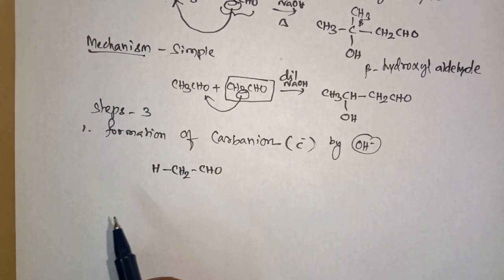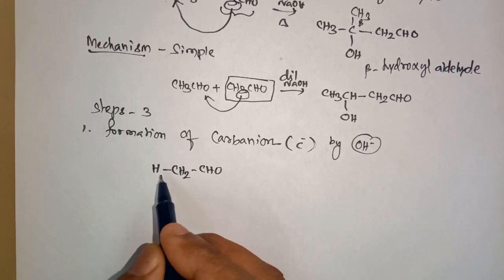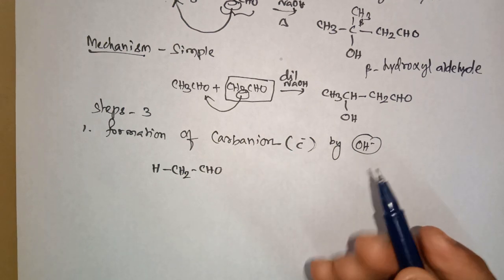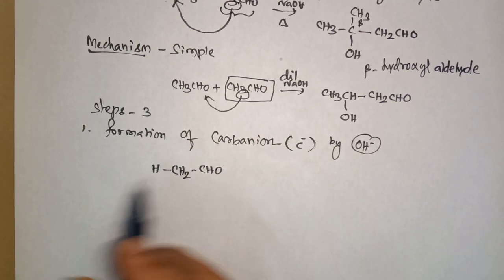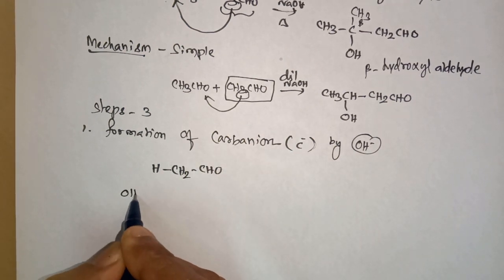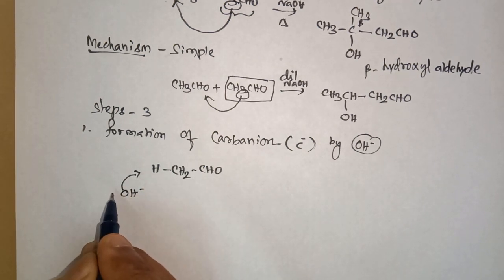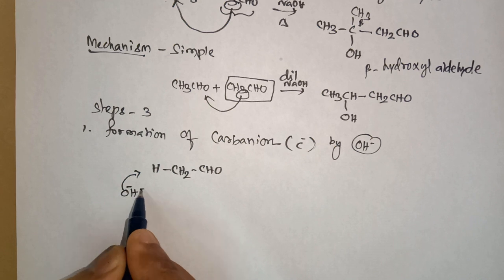Why do I write it like this? The 1 alpha hydrogen present in this molecule is involved in the formation of carbanion. Actually the minus is present on O, not here.